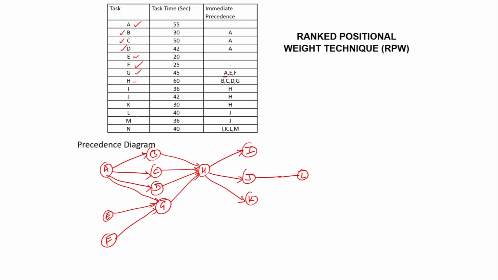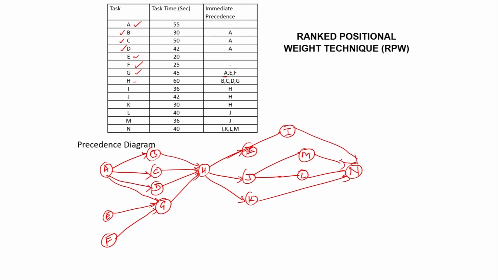Now, let us see L. L after J we can do, and we can also do M after this. And then there is N which is to be carried out once these have been done. So, I can draw this a little bit here and connect it here.